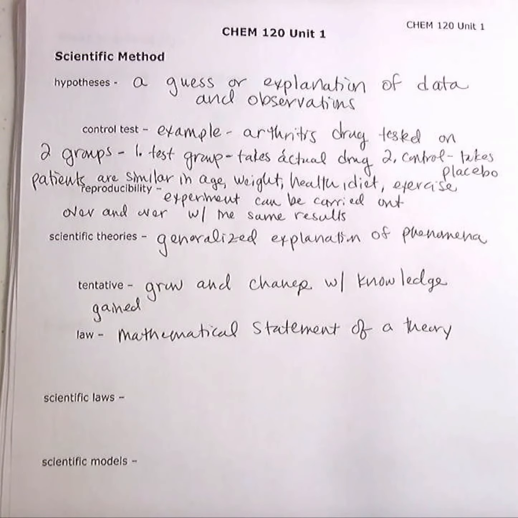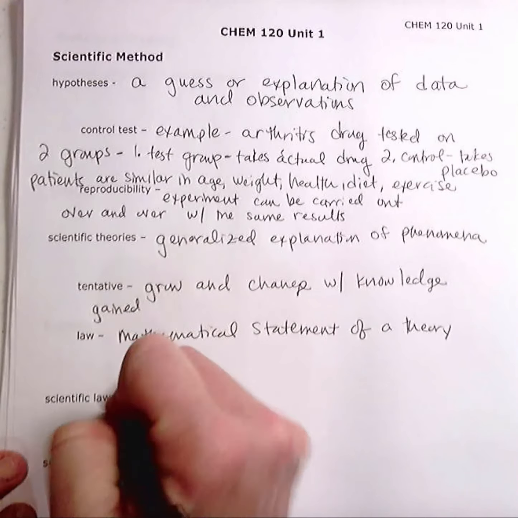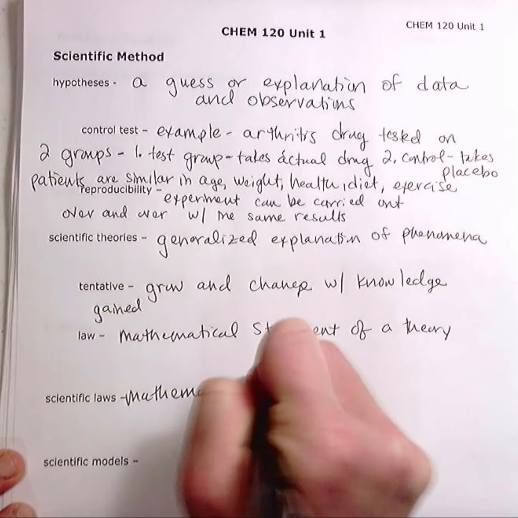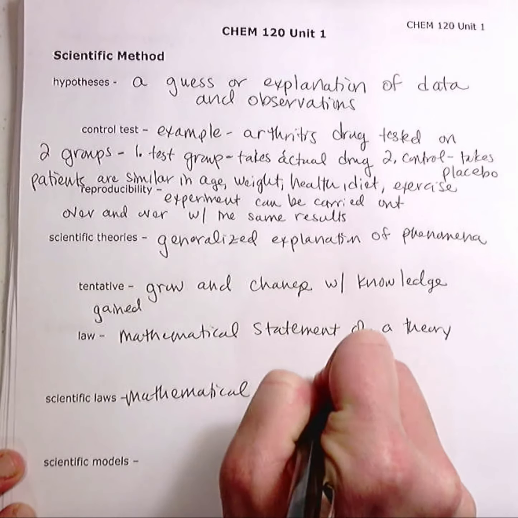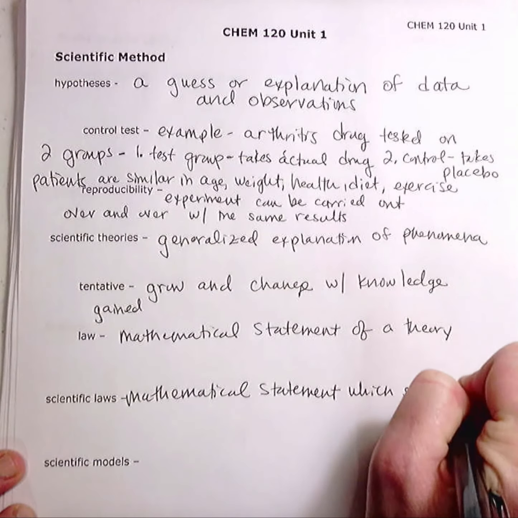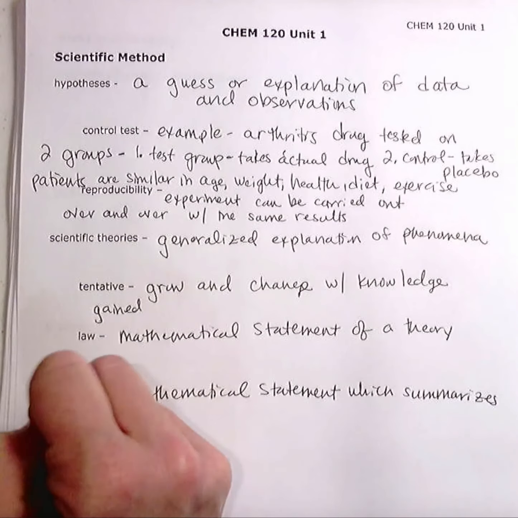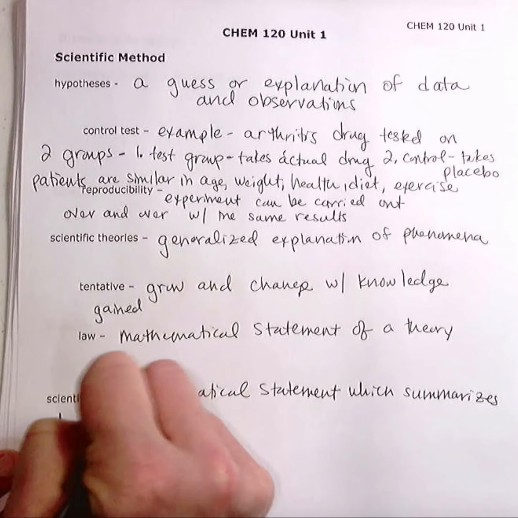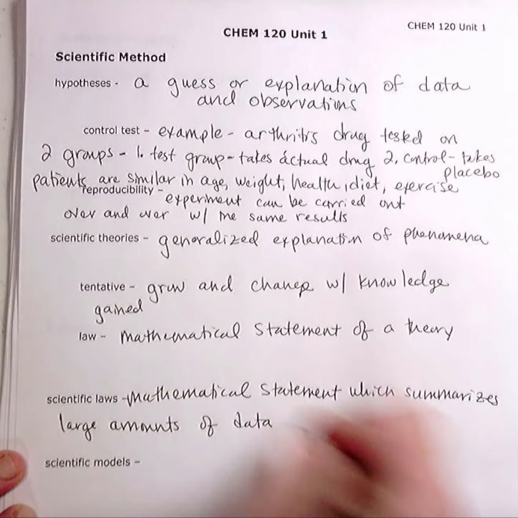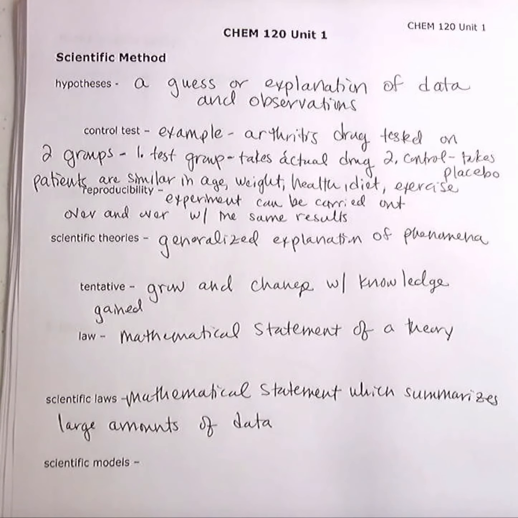Okay, so a scientific law, I'm just going to restate this, is a mathematical statement which summarizes large amounts of data.